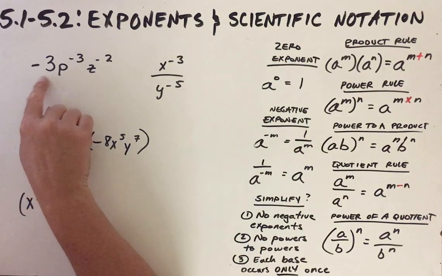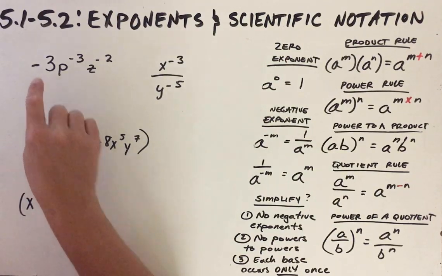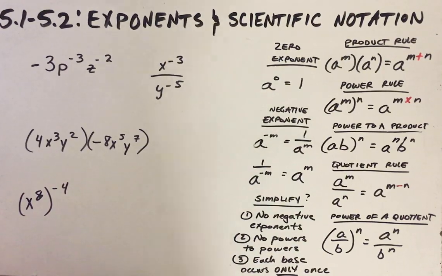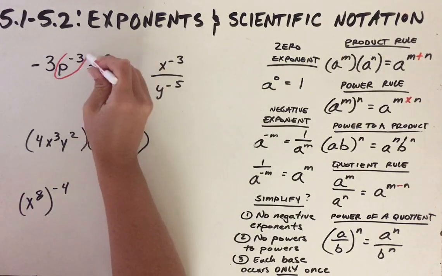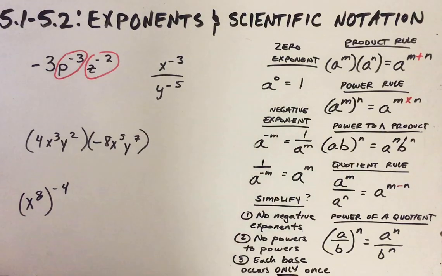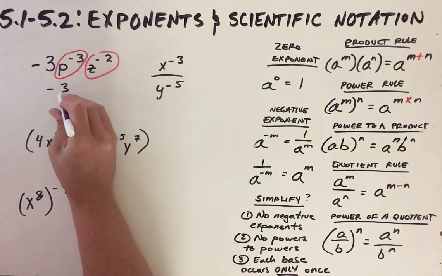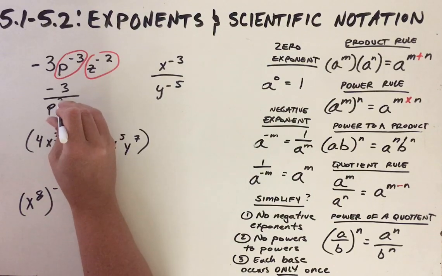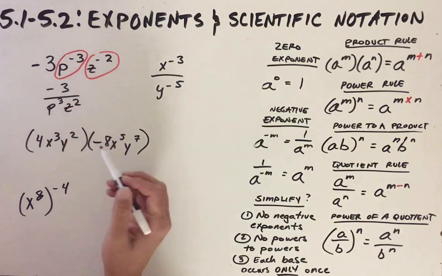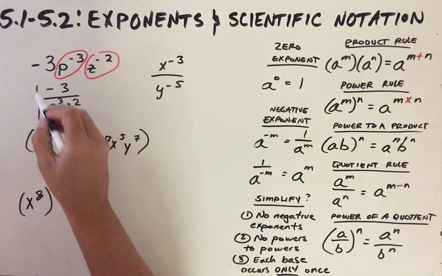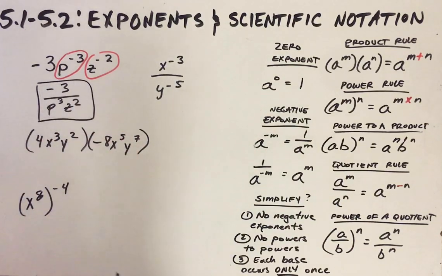So I cannot apply the rules of exponents to this -3, but I can apply them here. And remember, to simplify means to get rid of any negative exponents. So the simplified version of this one would be -3 over p cubed z squared. I'm just going to put those into the basement, and what do you know? They're golden.